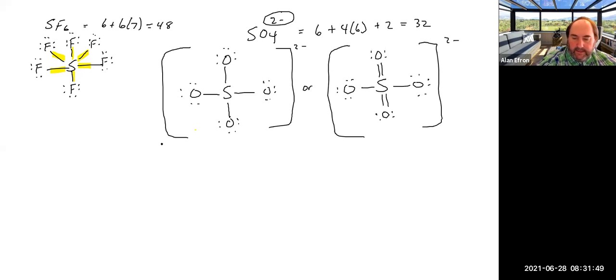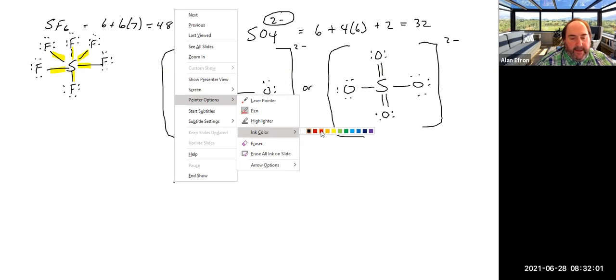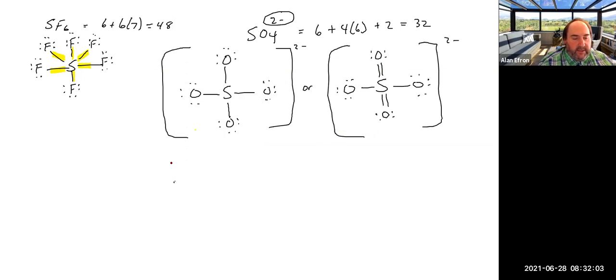Let's take a look and see how we're doing. So let's start with the structure on the left. Let's take a look at the formal charge that's going on with this guy, and we'll start with our oxygen there. We'll do our single bonded oxygen like we've done before.